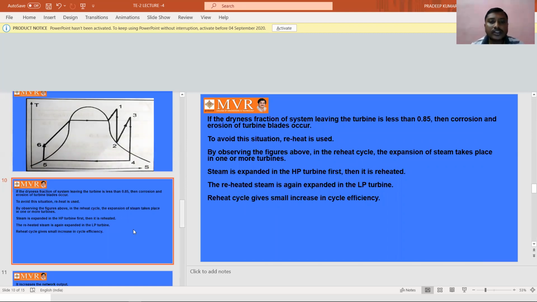If the dryness fraction of the steam leaving the turbine is less than 0.85, then corrosion and erosion of turbine blades occur.